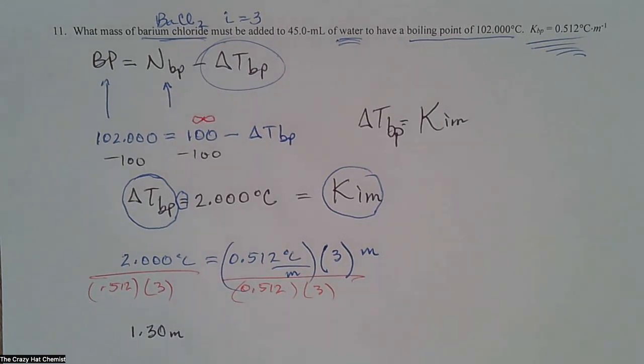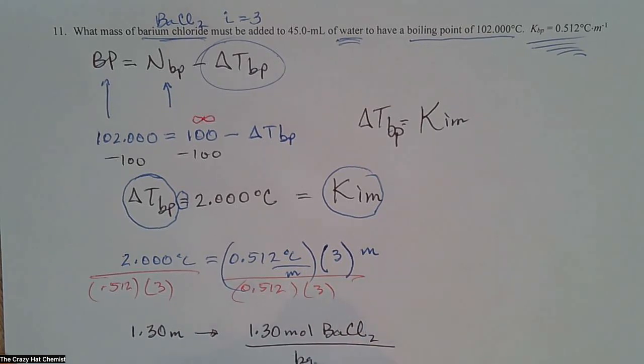All right. And now we need to know the definition of molality. The definition of molality is that 1.30 molal is equal to the moles of the solute, that's barium chloride, divided by kilograms of solvent, that's water.